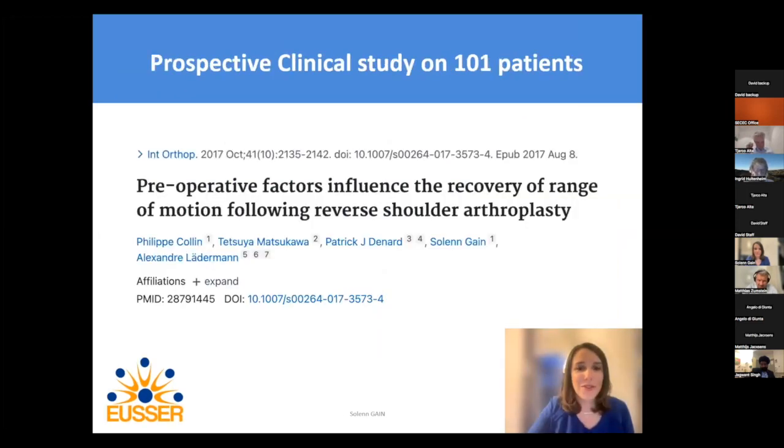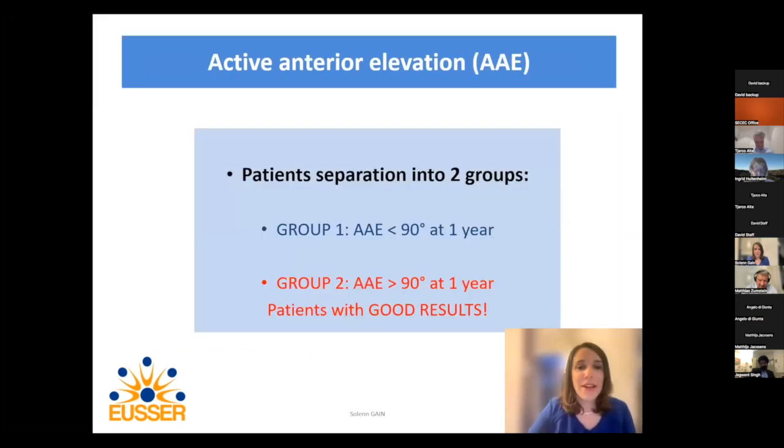Our first clinical study is about factors influencing the recovery of range of motion following reverse shoulder arthroplasty. To analyze active anterior elevation recovery, we separated patients into 2 groups. Group 1, the patients who had an active anterior elevation recovery under 90 degrees at 1 year.